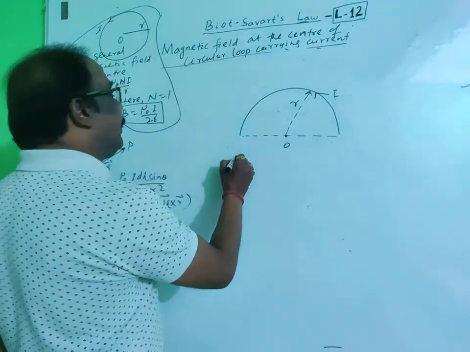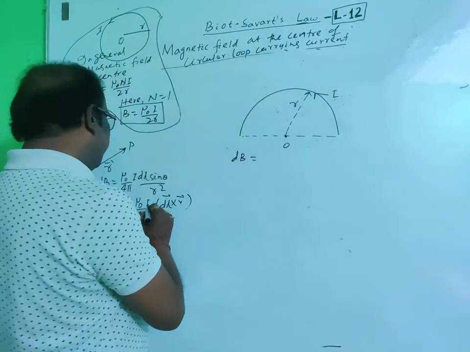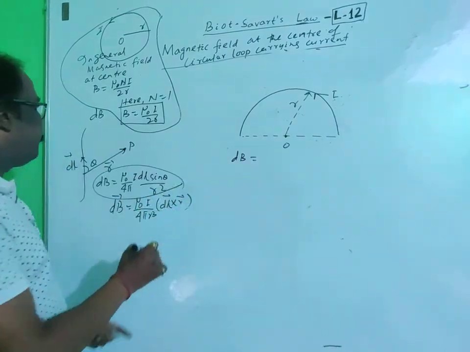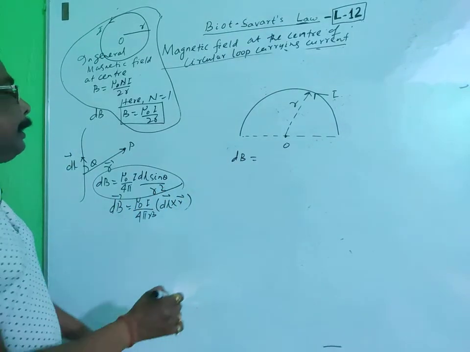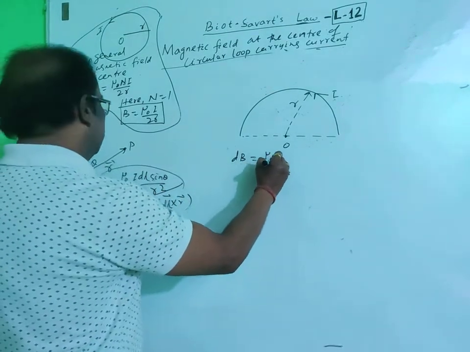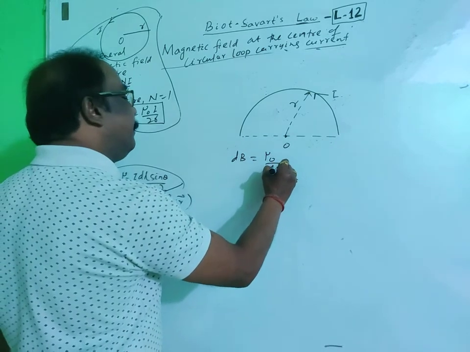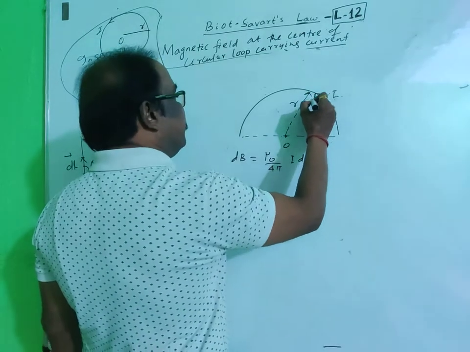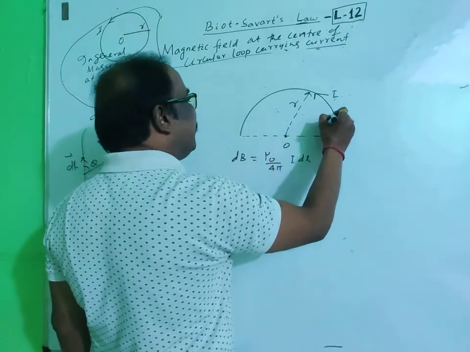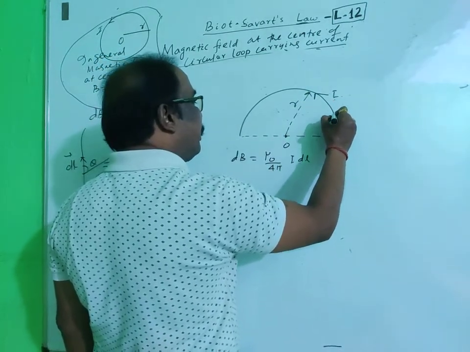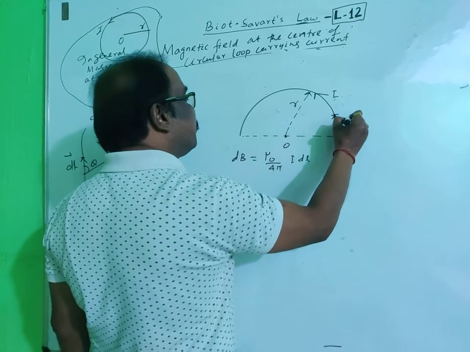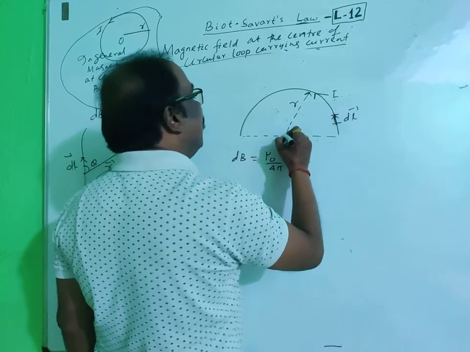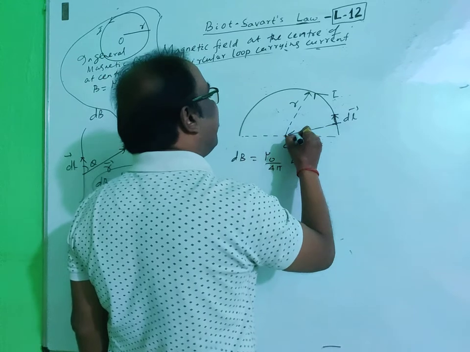In a similar way, according to Biot-Savart's law, this is the formula for the magnitude of the magnetic field: dB is equal to mu naught by 4 pi I dl. If you take dl, a straight path along the direction of current, this is dl and this is r.